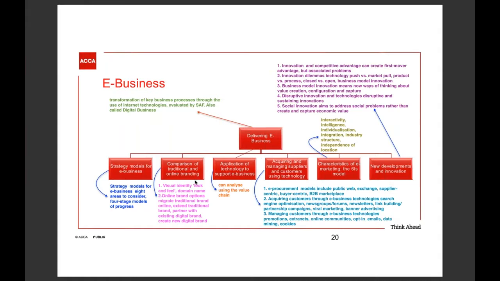When you are comparing the traditional and the online branding, when we talk about the traditional way of branding, when you go to the shop, you can see the physical product that you want to buy, and then you can take it, look at it and hold it.